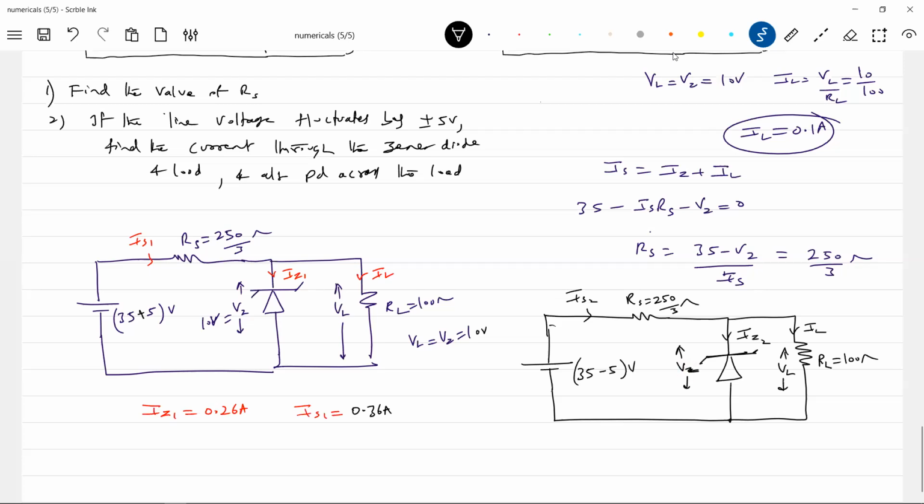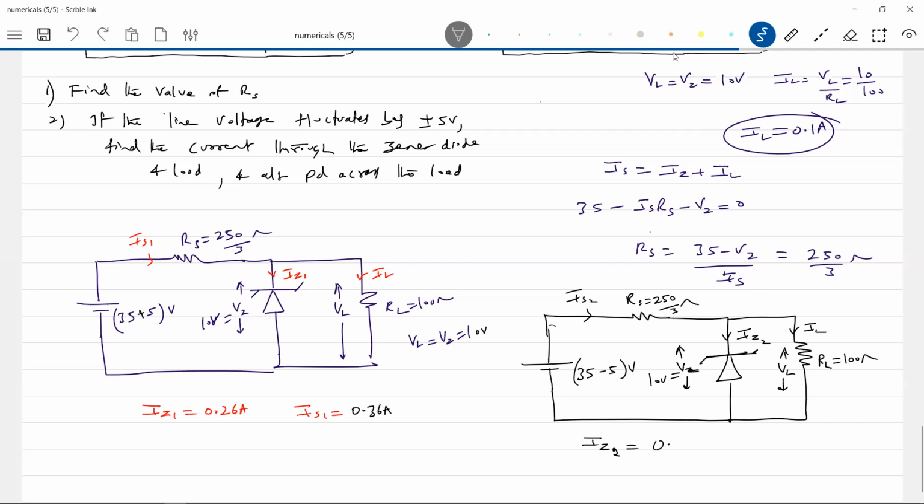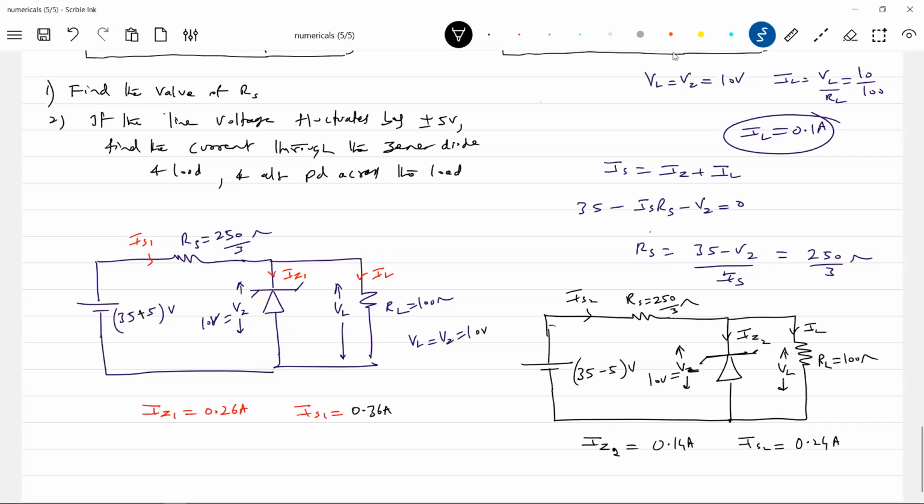Should we just subtract that 0.06? 0.2, 0.14.